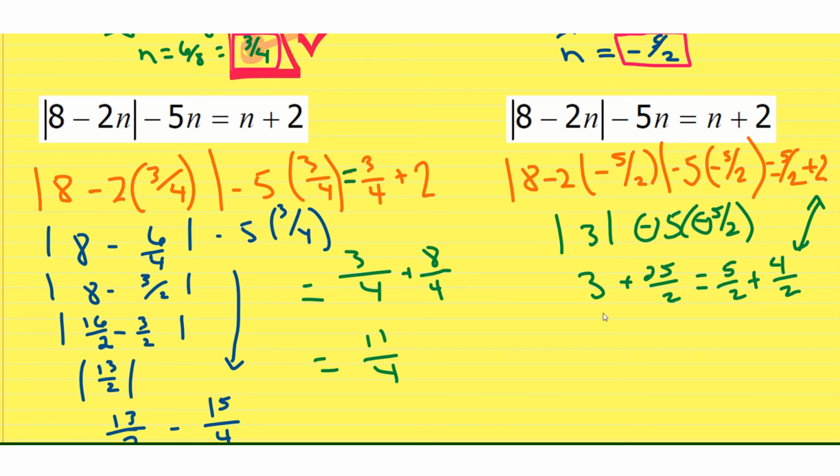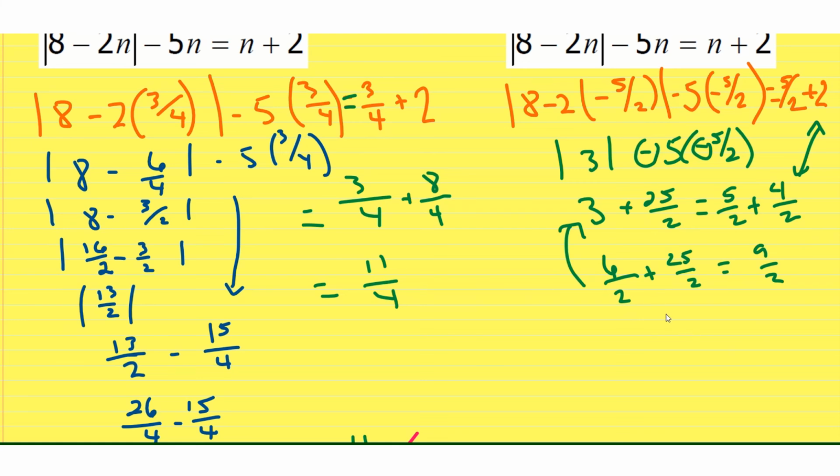And let's go ahead and change that 3 into a fraction with a denominator of 2. So it's 6 halves is what 3 is equal to, plus 25 halves is equal to, over here I can go ahead and add that, 9 halves.